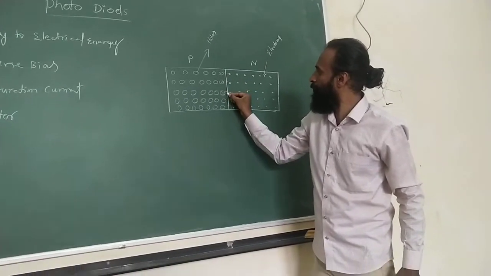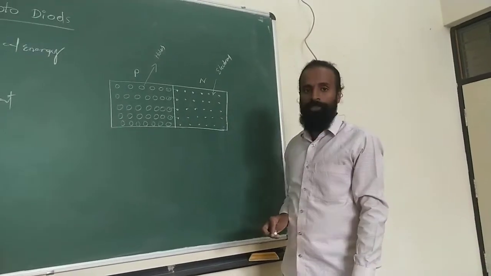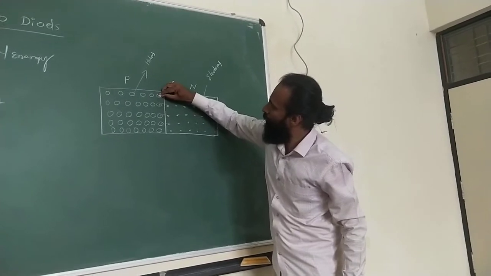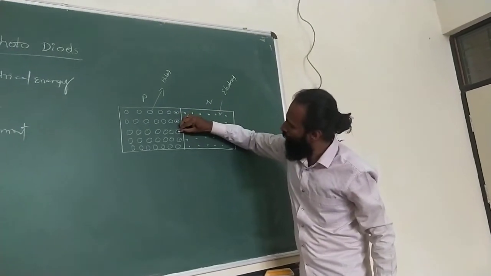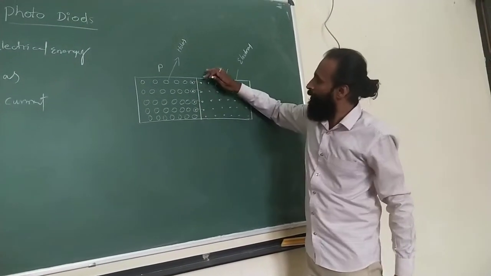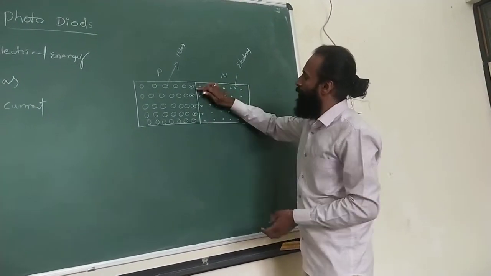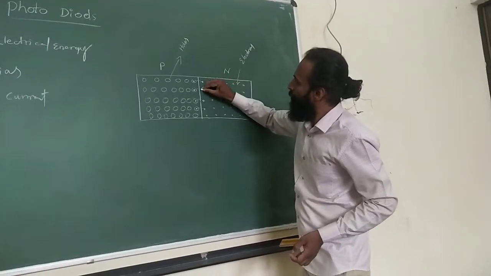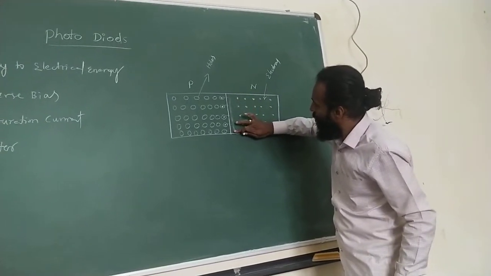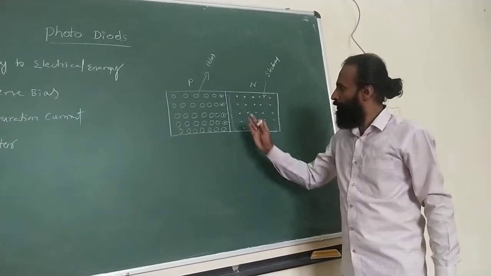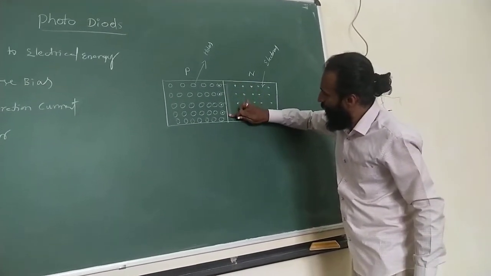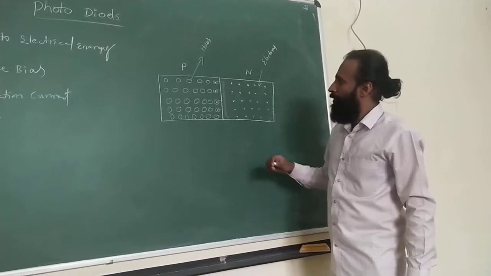This electron will go into a hole and combine, and due to this movement of electrons into holes, the atoms become neutralized. Here a shortage of electrons exists, so the electrons disappear due to the movement from this region to that region. We call this the neutralized region.